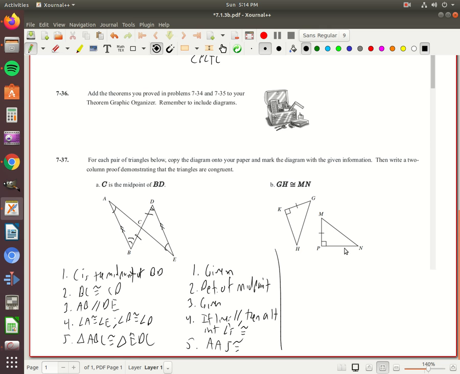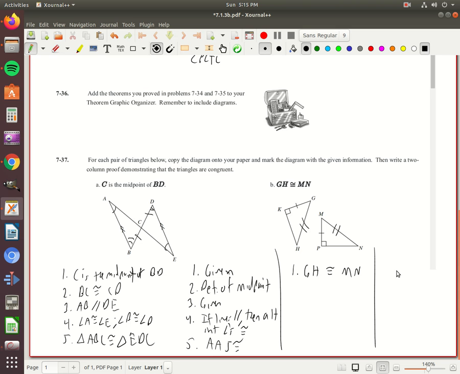Alright, so the next one here, it says I need to prove that these triangles are congruent. So it says that GH is congruent to MN. Okay, so I am going to say that GH is congruent to MN.